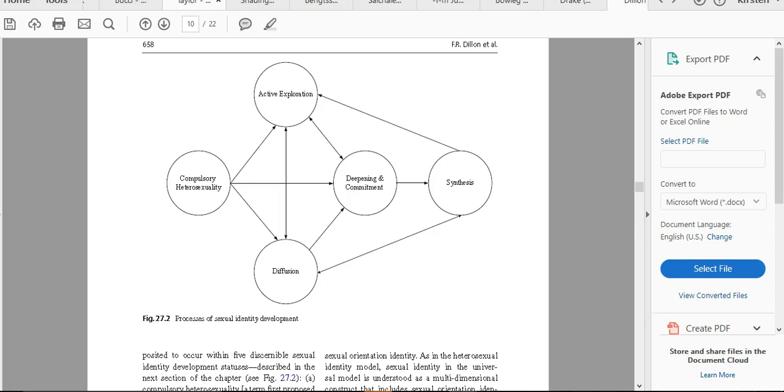So those are two examples of how the process of sexual identity development might occur within this model.